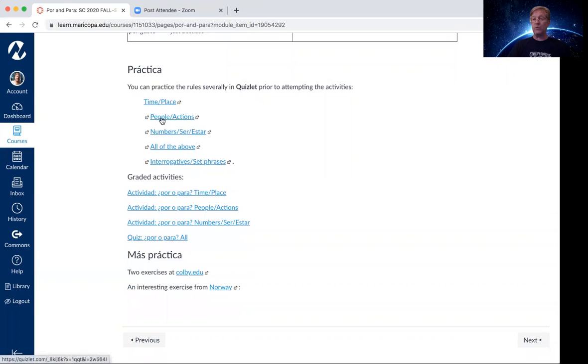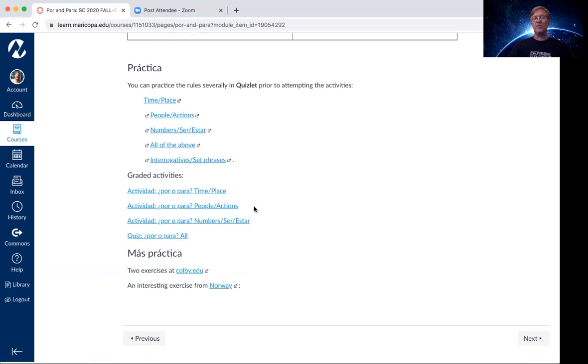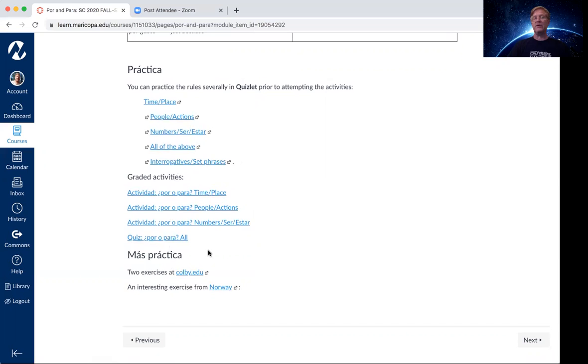You can learn the rules for those, whereas interrogatives and set phrases are more like vocabulary. You simply have to learn the forms, and there may not be an underlying rule behind it that you need to worry about. So study those, and then there are just a few exercises for you to try. If you want to practice before going on to doing these activities, you can try these couple exercises that we pointed to you here. Bien, buena suerte.